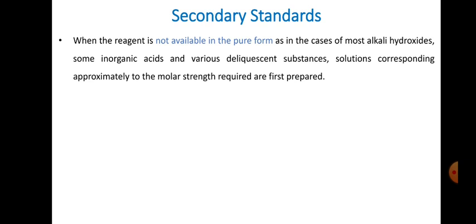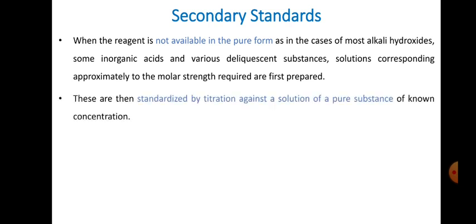When the reagent is not available in pure form, as in the case of most alkali hydroxides, some inorganic acids, and various deliquescent substances, solutions corresponding approximately to the molar strength required are first prepared. These are then standardized by titration against a solution of a pure substance of known concentration.